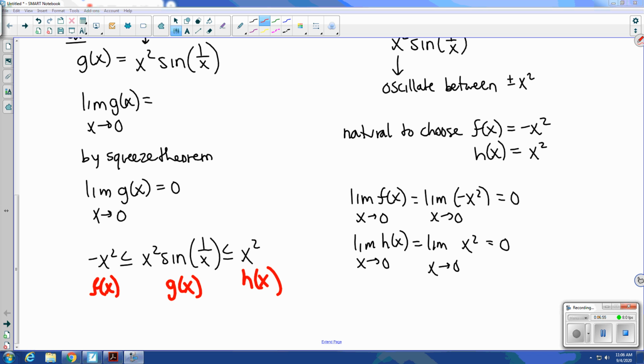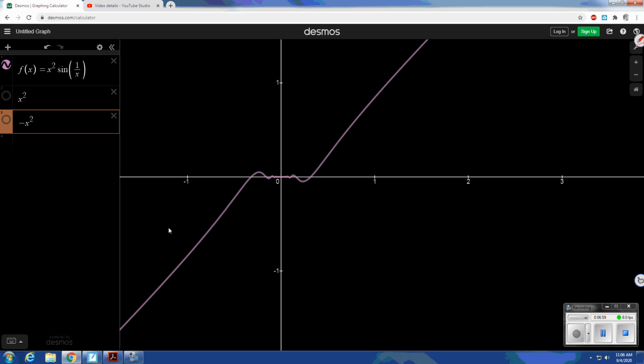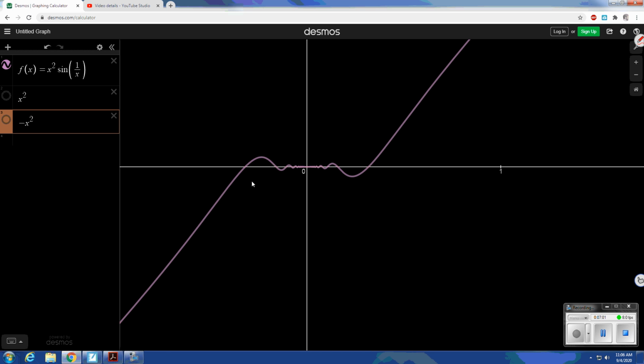Just to get a visual, we can jump over to Desmos to check out what these graphs actually look like. What I have graphed here is x squared times sine of 1 over x. You might not have this available, but just so you can see how it gets stuck between plus or minus x squared as we expected.